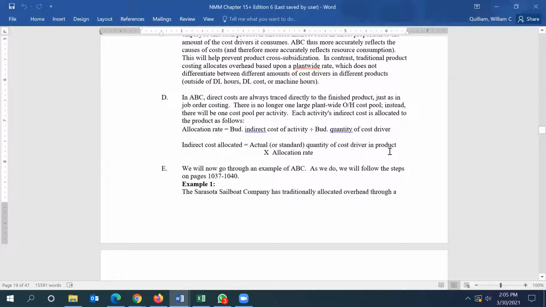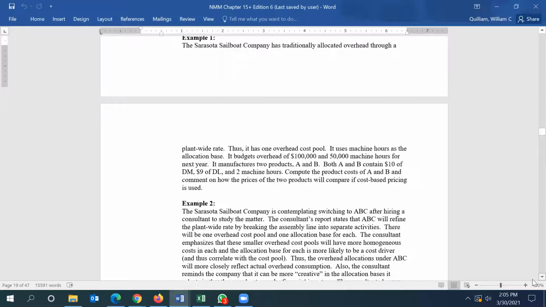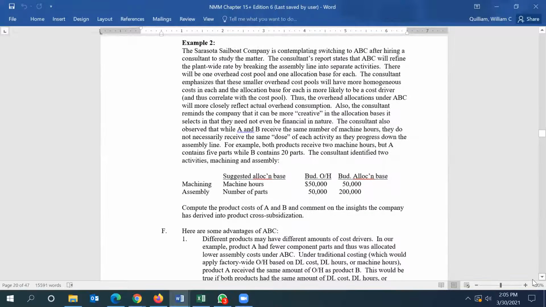And then for the indirect cost allocated, we would look in our case at the actual quantity of the cost driver, whatever it may be, like number of parts in the product, times the allocation rate. So with the examples, you should know example 2. And you do have a solution, of course, that appears at the end of this chapter, where you actually allocate overhead to 2 different products.